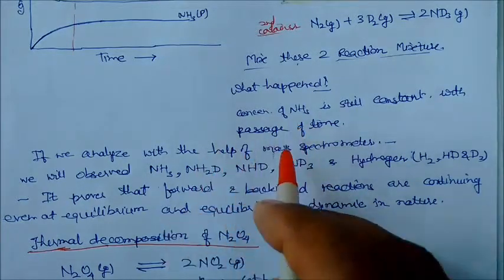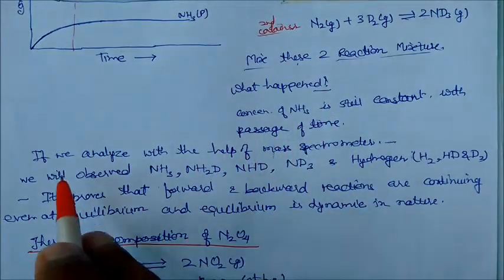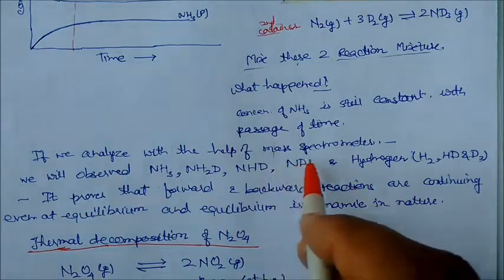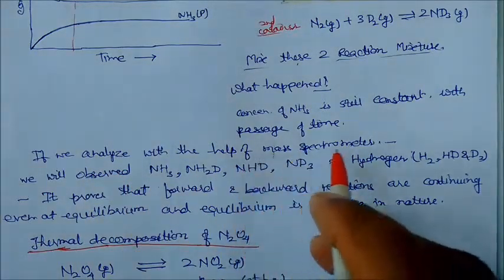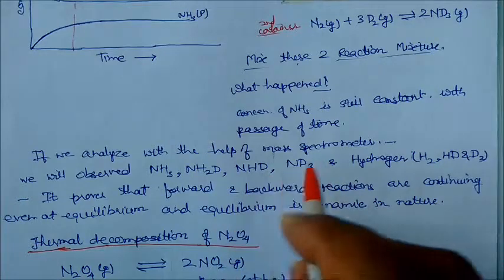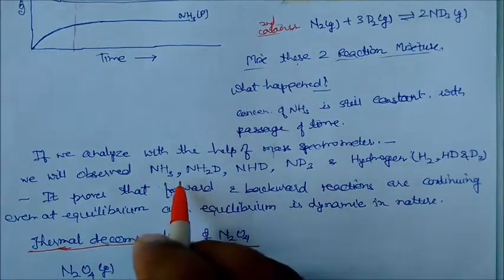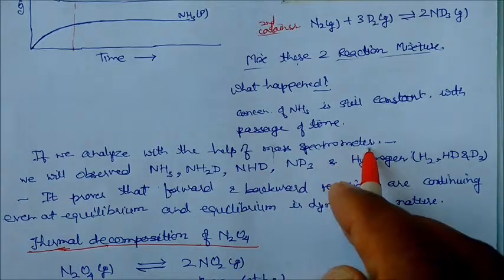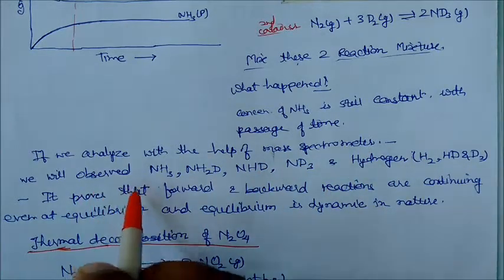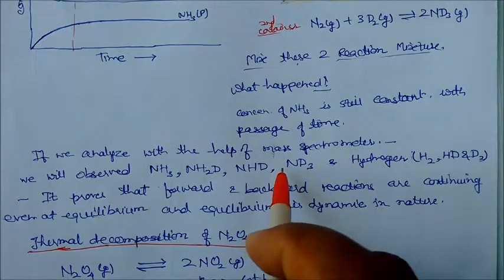Now how can we analyze this? We can analyze this with the help of a mass spectrometer. A mass spectrometer is an instrument which helps measure the concentration of different types of molecules. It will help you find which types of molecules were formed in the reaction mixture.